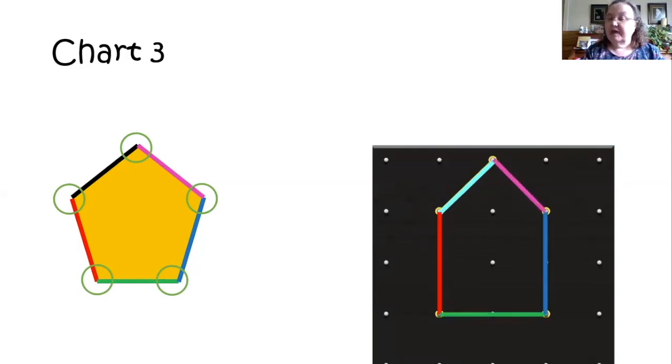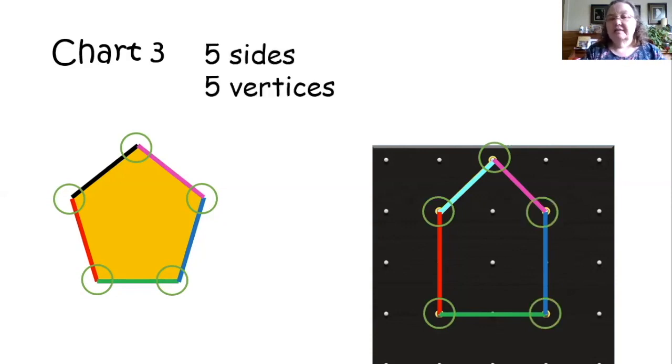I still have 5 sides. Do I still have 5 vertices and 5 angles? 1, 2, 3, 4, 5. So we can say that everything on this chart has 5 sides, 5 vertices, and 5 angles.